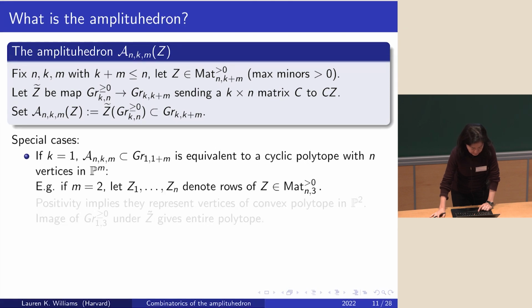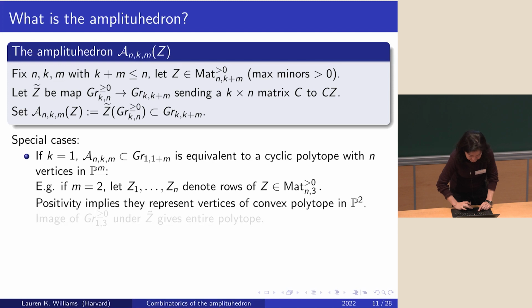Let's just look at a small example. So let's take the case where m is 2. And so then my matrix Z is an n by k plus m matrix, so it's an n by 3 matrix. Let Z1 through Zn be the rows of Z. So here's my Z matrix.